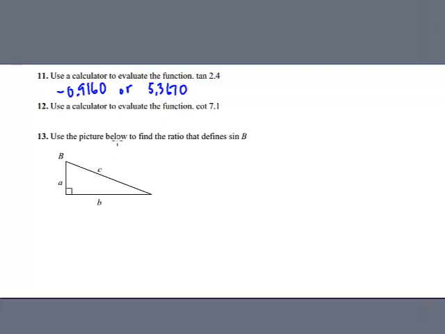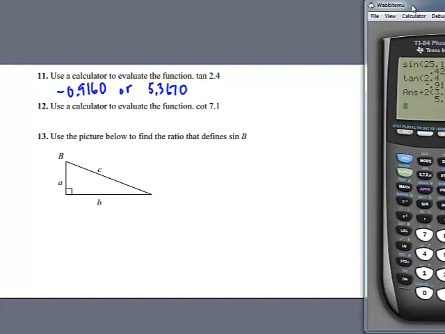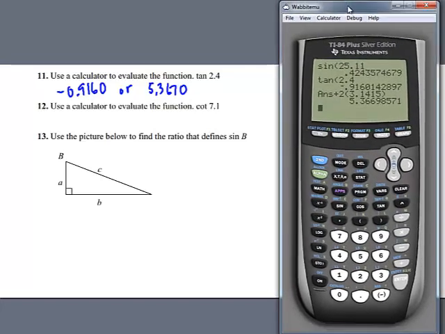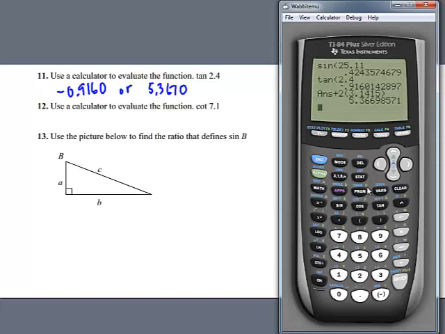Okay. Use your calculator to evaluate the cotangent. Now, the cotangent is the tangent except it's a reciprocal. So we want to take the tangent of 7.1, but I want to take the reciprocal of that. So I'm going to go tangent of 7.1.